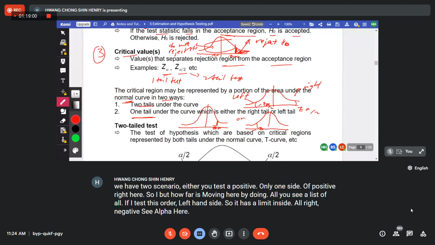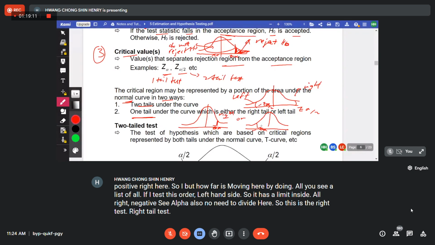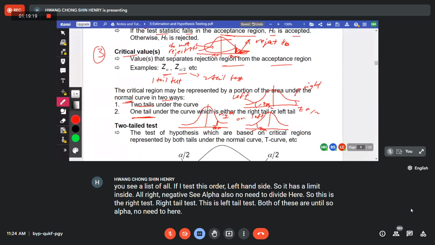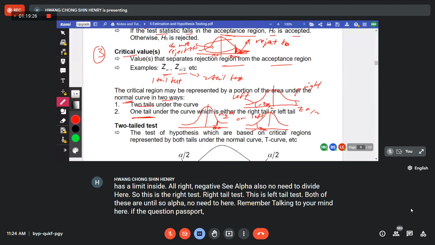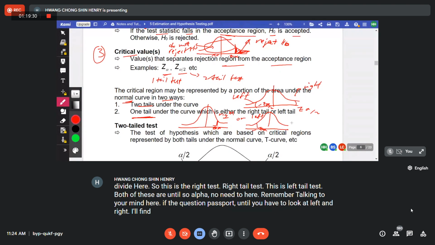See, alpha also no need to divide by 2. So this is the right tail test. This is the left tail test. Both of these are 1 tail. So alpha no need to divide by 2. Can you remember? If the question tests for 2 tail, you have to look at left and right. Alpha has to be divided by 2.